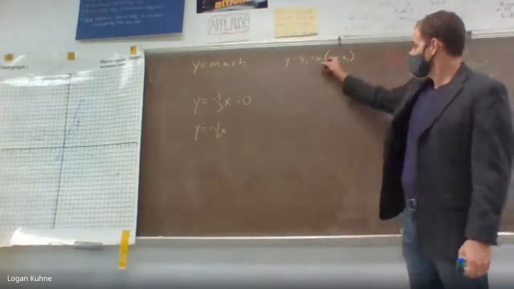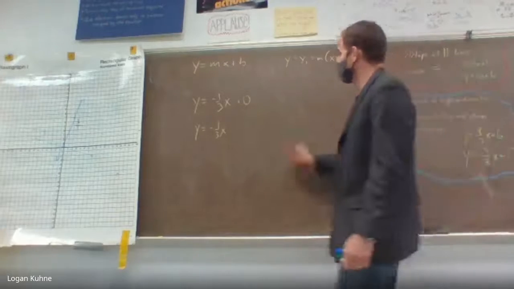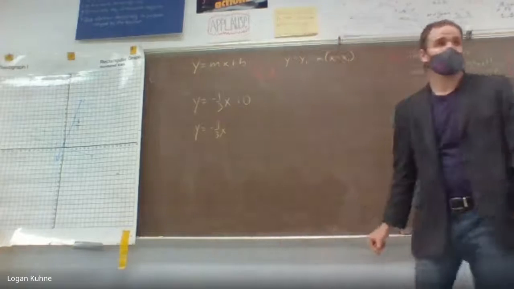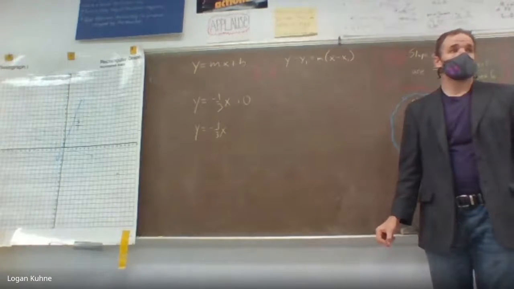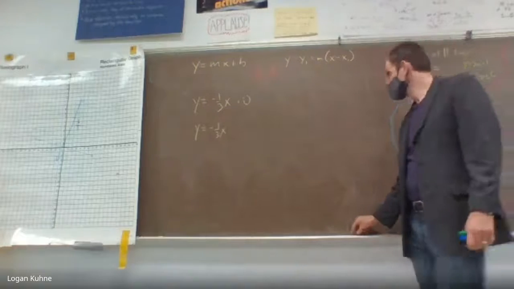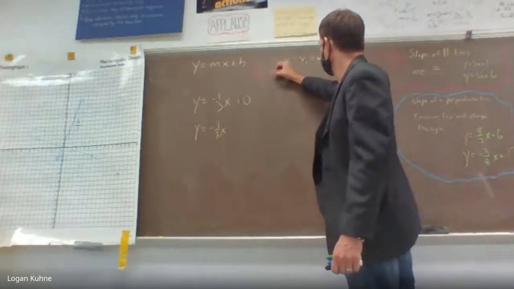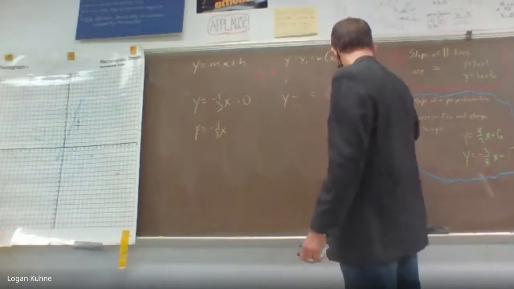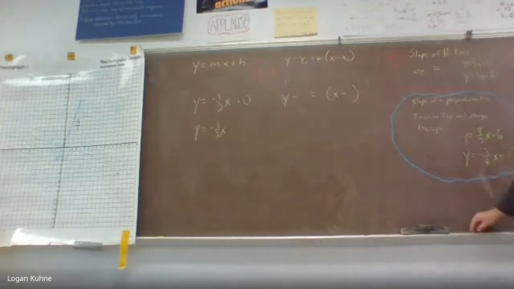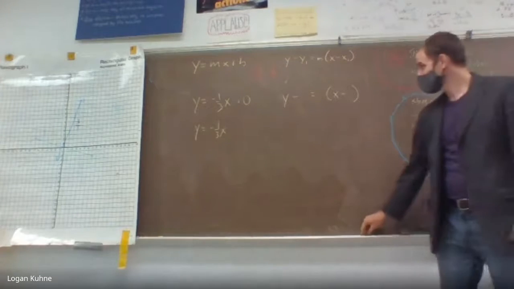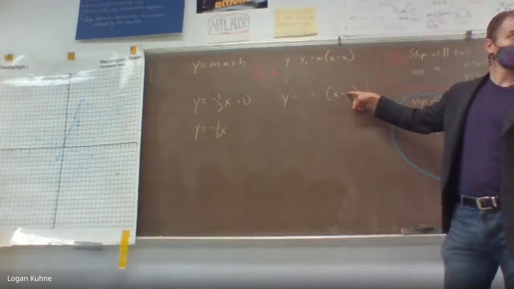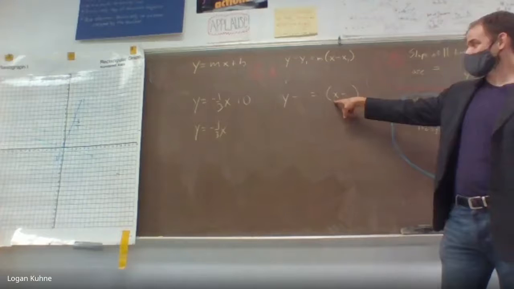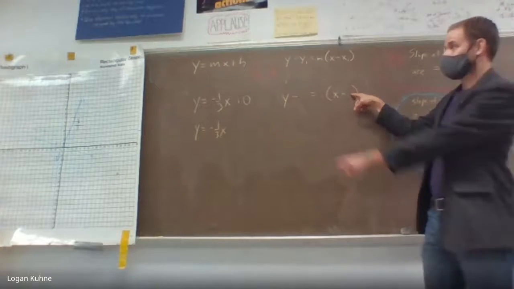Now, we're going through 6, negative 2, correct? Y minus, when I point, you tell me what number goes here, okay? Ready? X, it's going with the X, right? So it's got to be the 6.